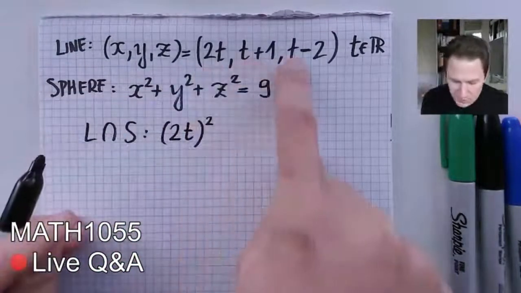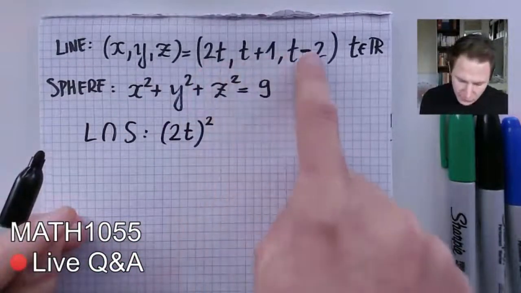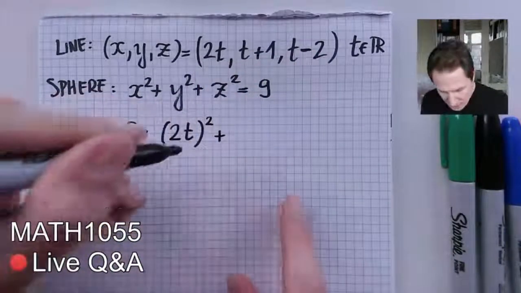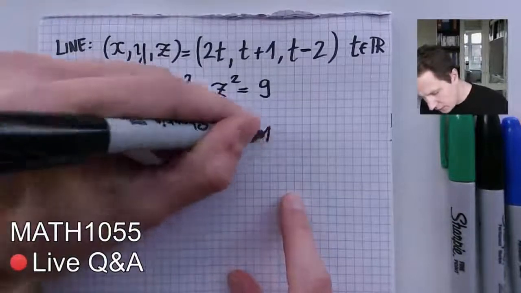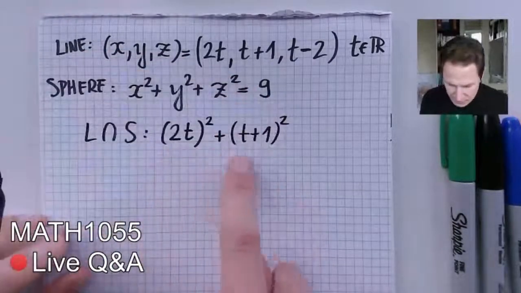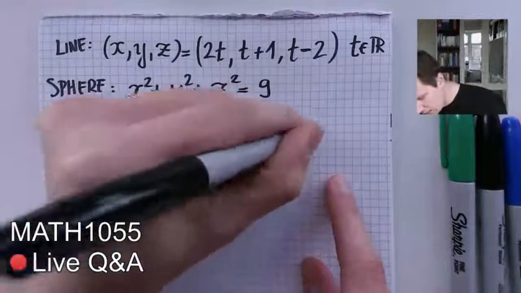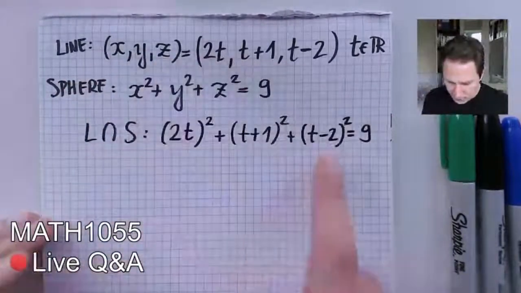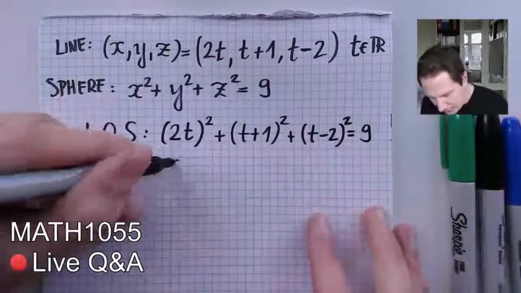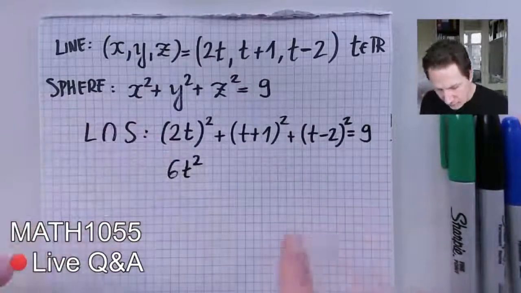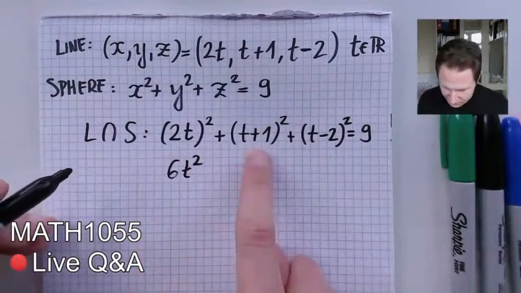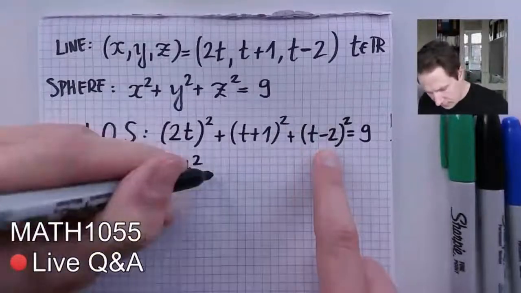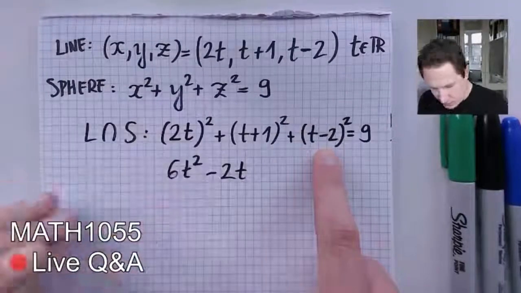So I'm taking the coordinates of points on the line and plugging them into the equation for the sphere, x squared plus y squared plus z squared equals 9. That gives me this combination. If I expand everything, I get 6t squared, I get 2t from this term, and minus 4t from that term, so that's minus 2t.